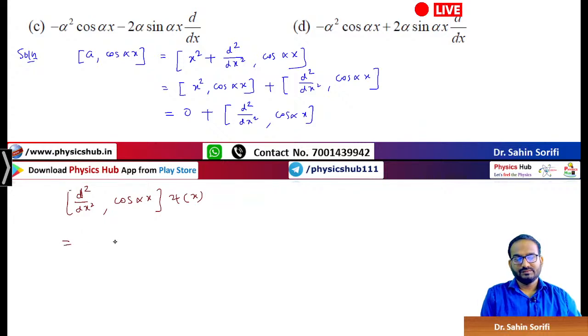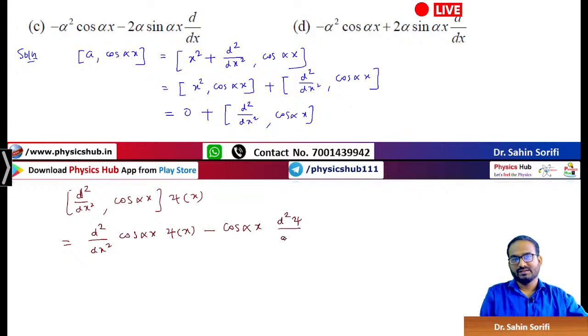So what will be this value? You see, firstly d square by dx square of cos alpha x psi x, minus cos alpha x d square psi by dx square. Why is psi multiplying important?